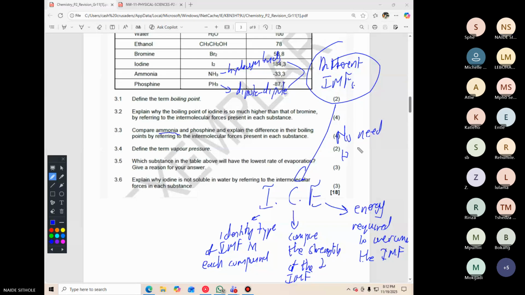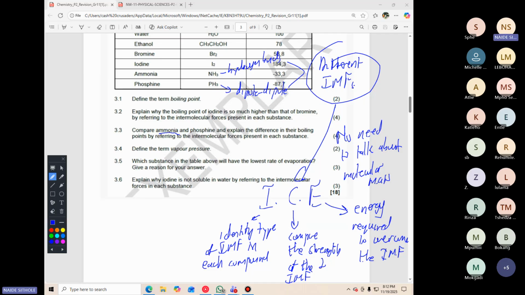Note this, there is no need to talk about molecular mass. If you are already comparing things that have different intermolecular forces, you have no business talking about their molecular mass, because that's not the independent variable there. That's not the factor that is causing the difference in boiling points.